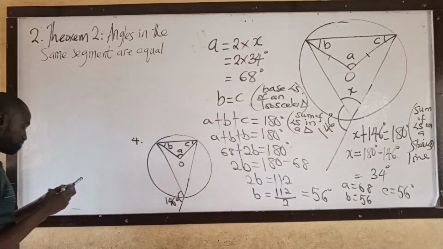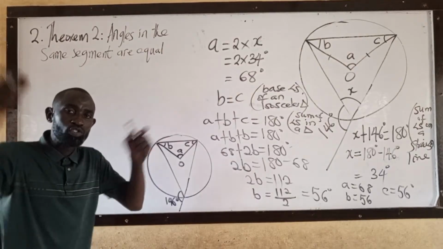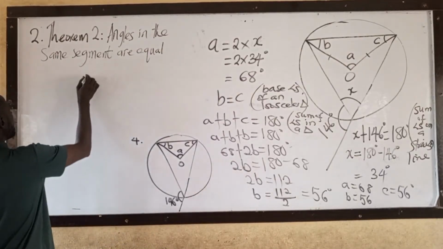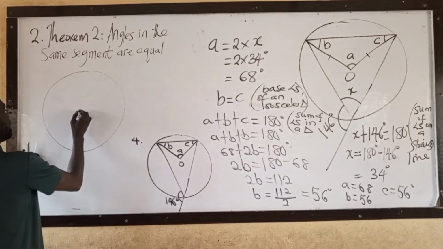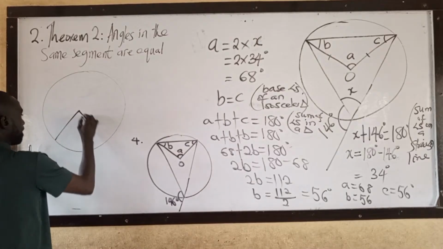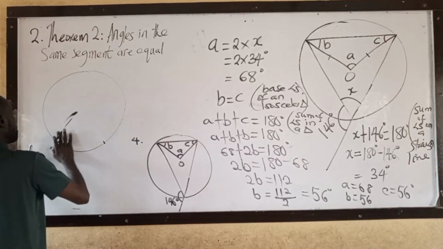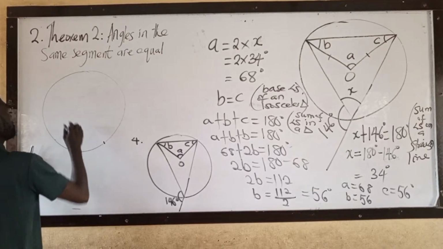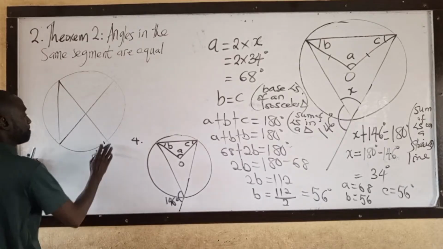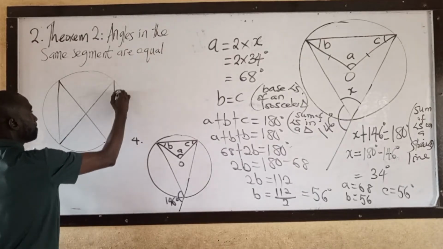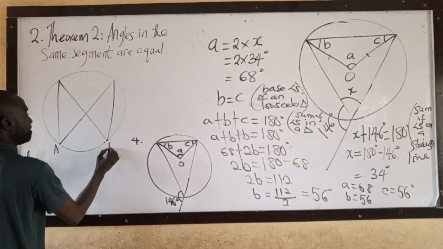What do you mean by this? It means it is the same arc that carries the two angles to the circumference. Look at what I'm saying. See it down. This is our circle. This is the center. This is our arc AB.